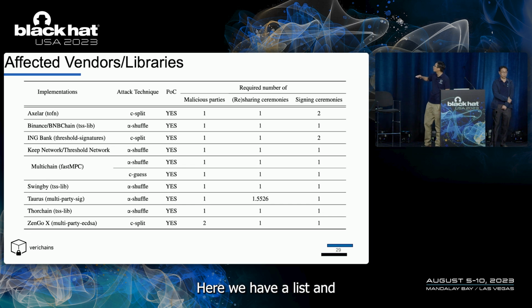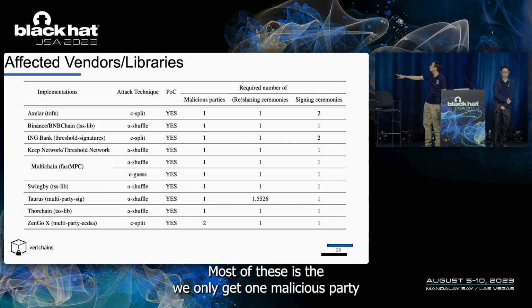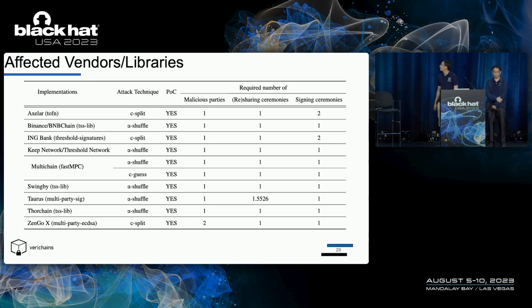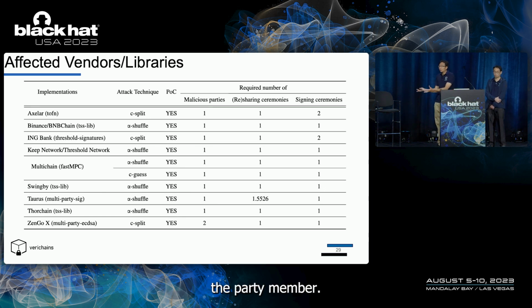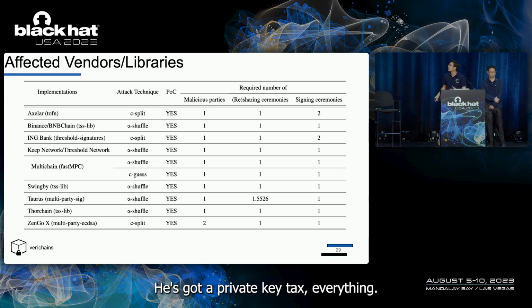And the crazy thing of all is that, you see, for most of these we only need one malicious party, and we only need one signature. That is really crazy, because anybody can be a party member, and then after one signature, boom, he got the private key, he attacks everything.